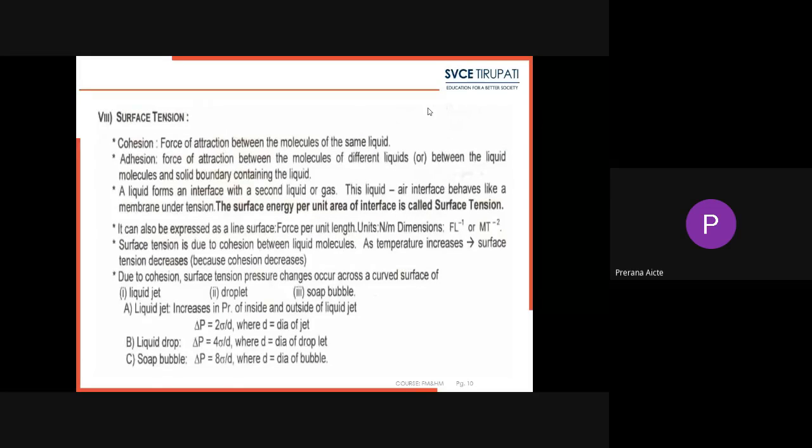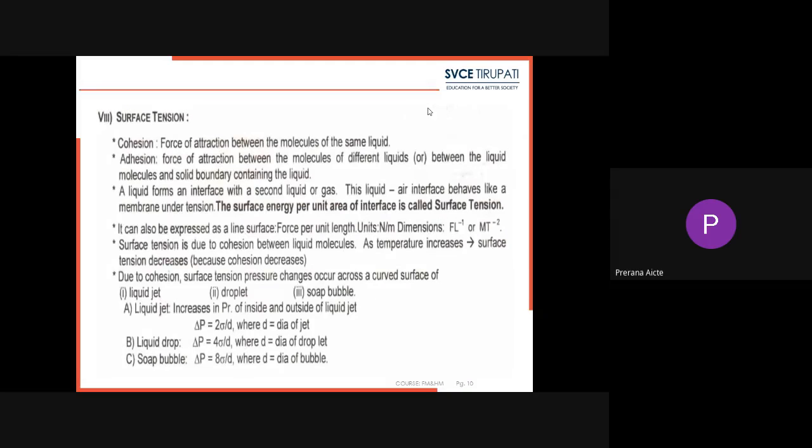In the liquid jet case, the change in pressure can be calculated using the formula delta P equals 2 sigma by D. Here sigma is the surface tension in Newton per meter and D is the diameter of the jet in meters or in mm.